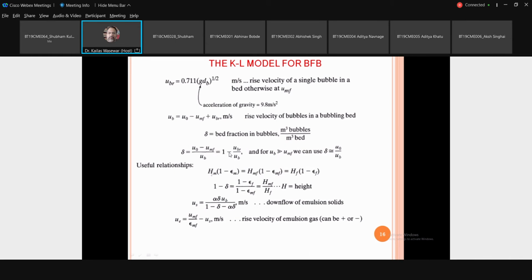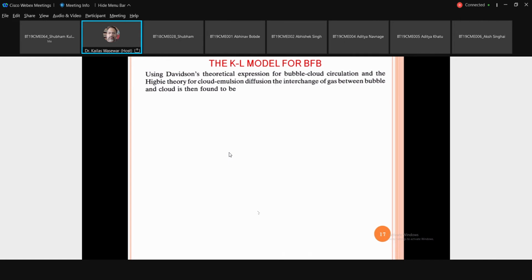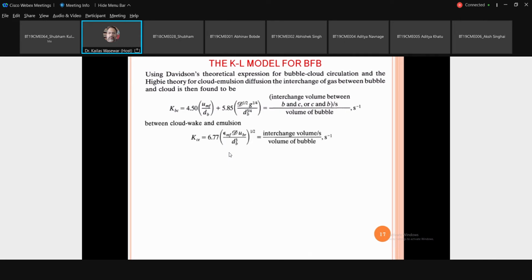Then another useful relation: height of the bed at minimum, this is a packed bed, this is a minimum fluidized bed height, and this is the fluidized bed height. So these heights are related with this particular epsilon. Then mass transfer coefficients.